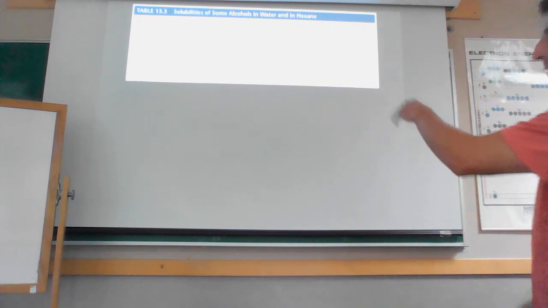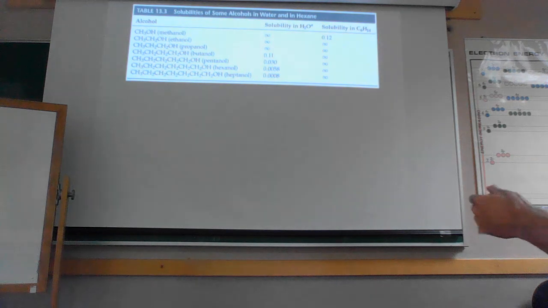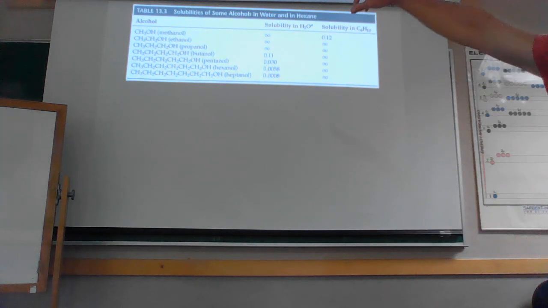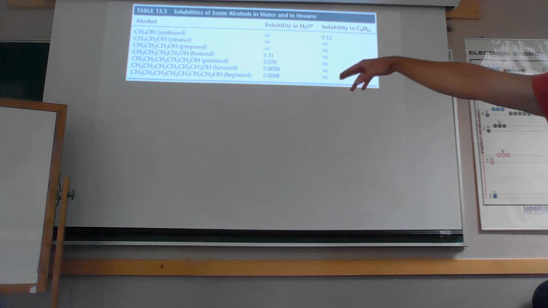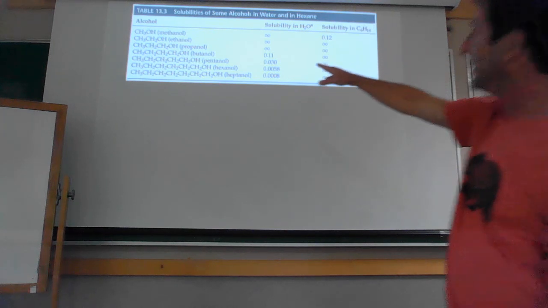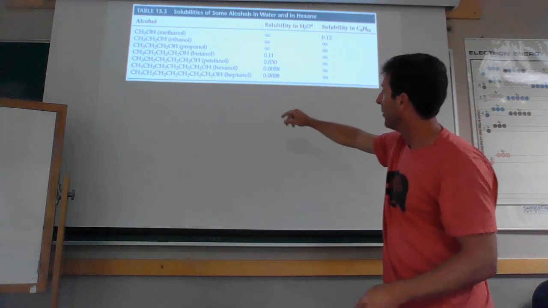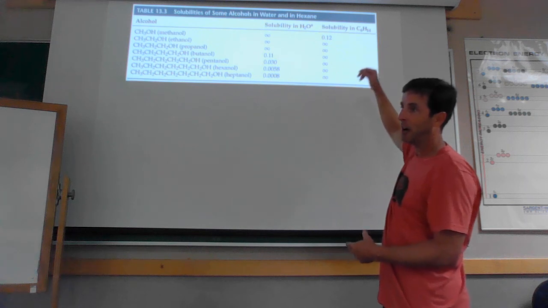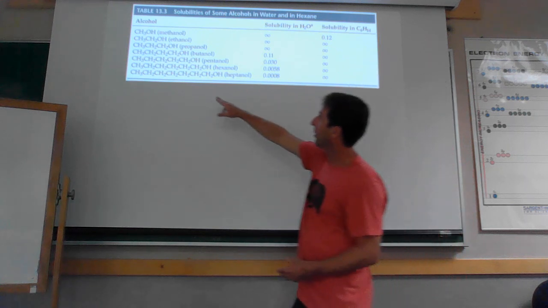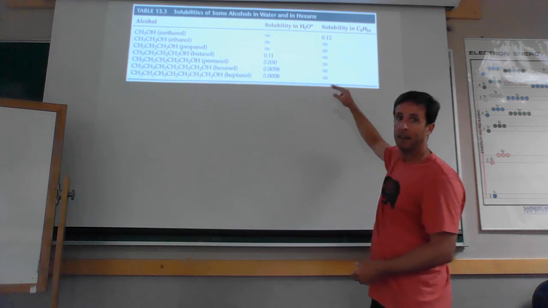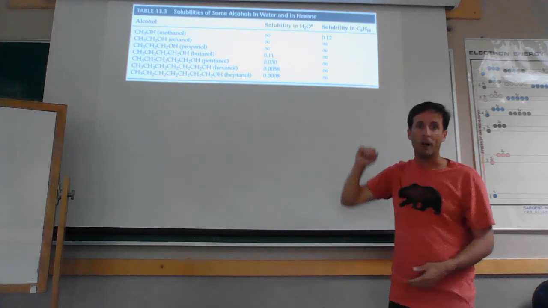But the bigger the molecule gets, the more important the carbon chain becomes. Okay? So as we go down the table, getting to larger alcohols, the solubility of the alcohol in water decreases, but then in the last column, the solubility in hexane, which is a nonpolar solvent, the longer alcohols are going to have a very high solubility in a nonpolar solvent. Okay?